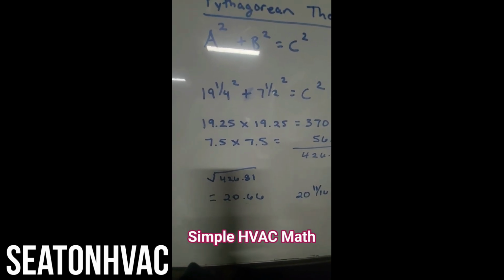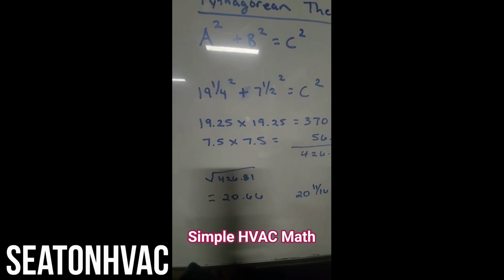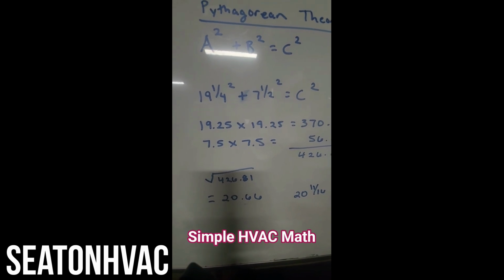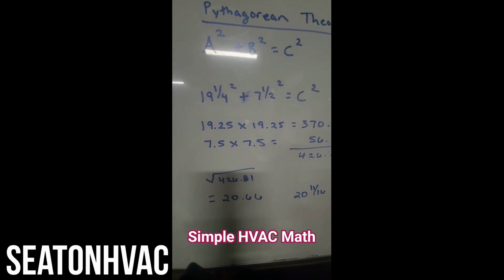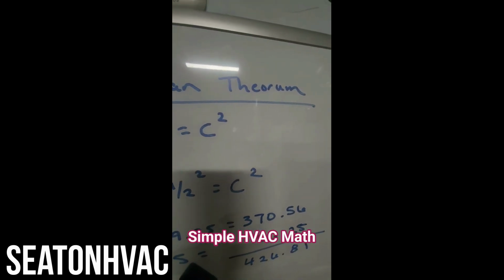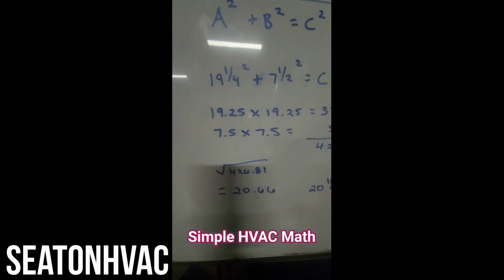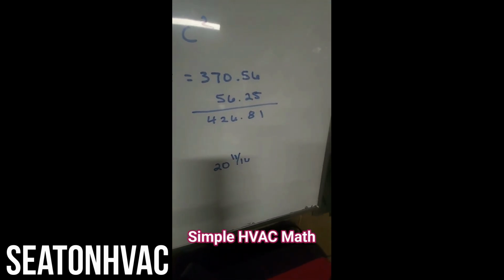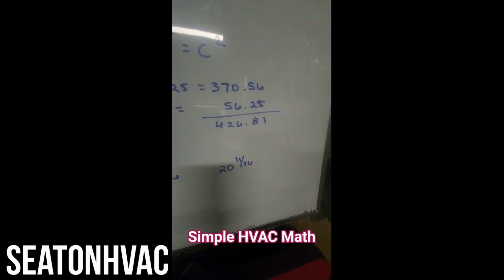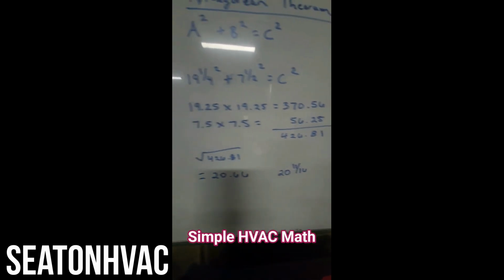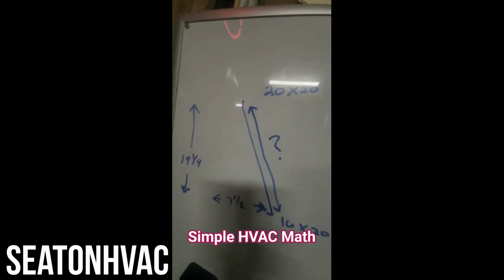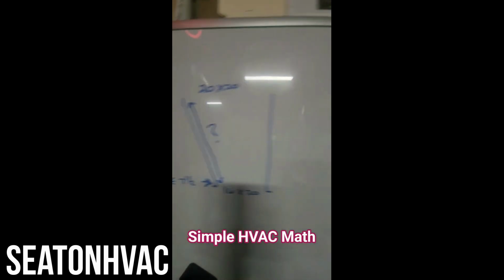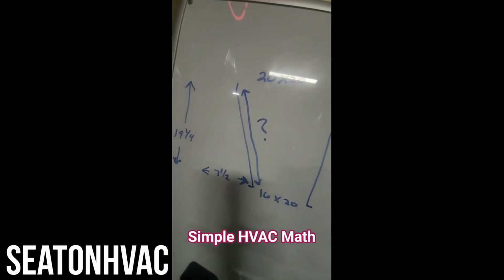You got to find the square root of that, of 426.81, because what you're looking for is C times by itself. So that's what's going to equal that number, and that gives you 20.66. Closest to that would be 20 and 11/16. You could get away with probably 20 and 5/8 as well. Quick, easy way to find out that dimension. So that's how much that fitting is going to grow because it's slanted.